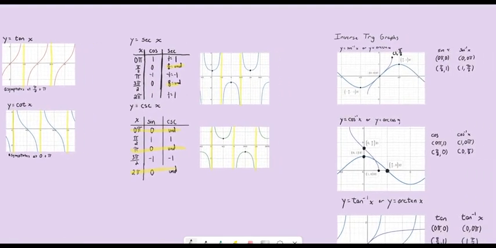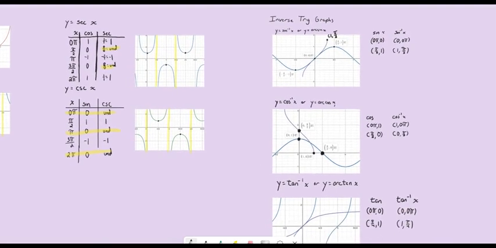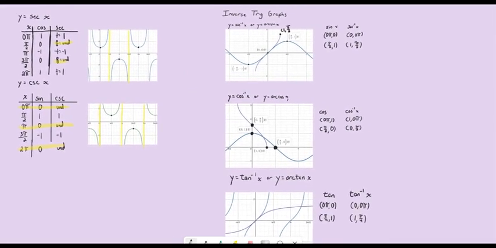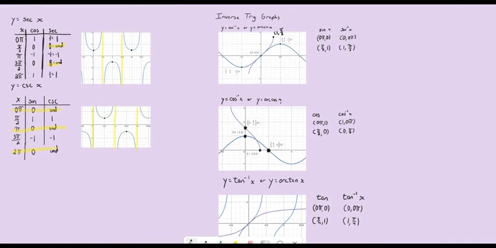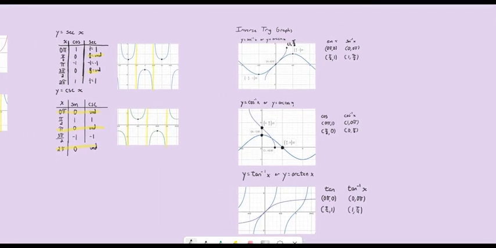Secant and cosecant look very similar as well. Just look for where the asymptotes are. And the inverse trig functions are pretty easy. They'll have a restricted domain for the most part, and they will also just be switching the x and y axes for the original functions, sine, cosine, and tangent.